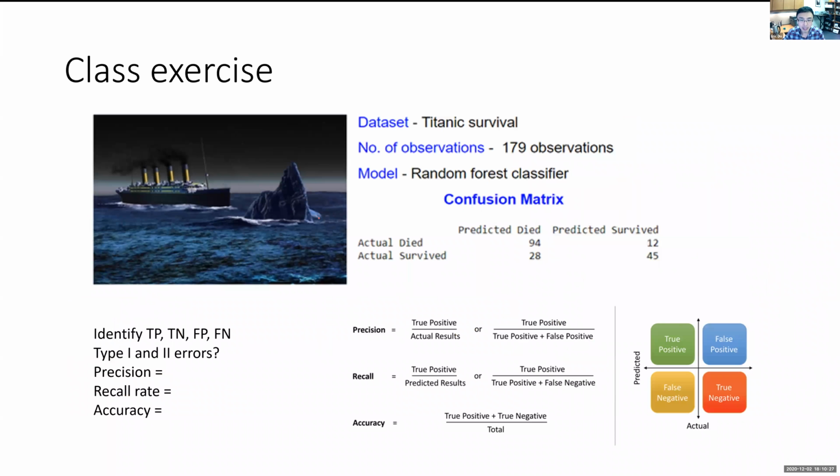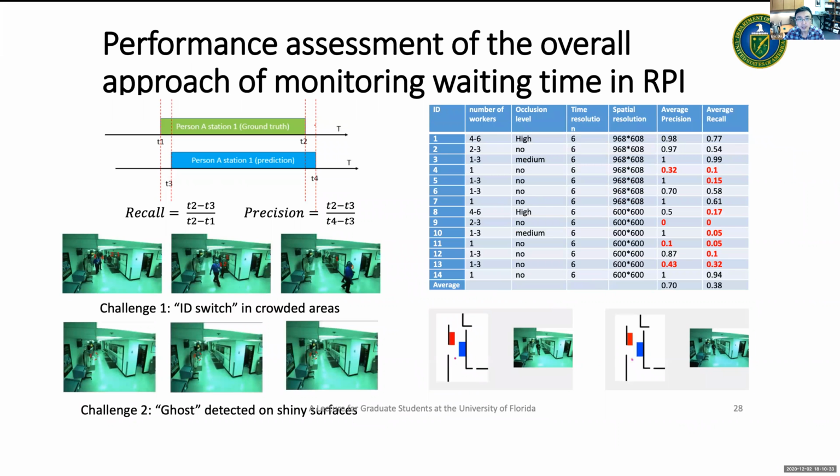And this is an example of how we identify the 4 numbers and how we calculate precision, recall, and accuracy. This is another one, right? So this is the true event I focus on. I want to see when this thing actually happens, the likelihood I can correctly capture that is here. So then this one divided by this one is my recall rate, right?